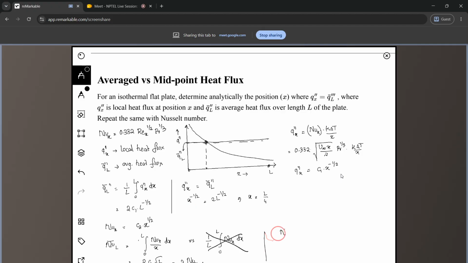If you substitute Nu x equals Nu L bar, this would give us x equals around 4L, which means the local Nusselt number will be equal to the mean Nusselt number far downstream, at 4 times the actual length. So it will be way farther downstream, while for heat flux it is around L by 4.